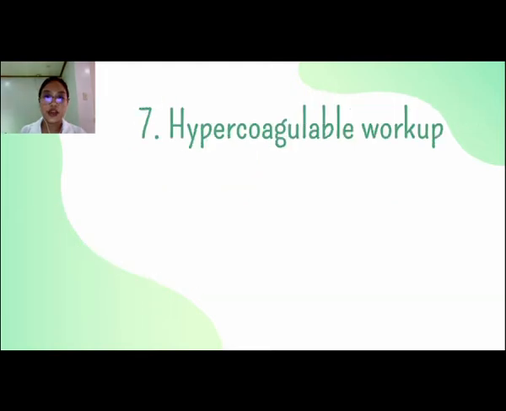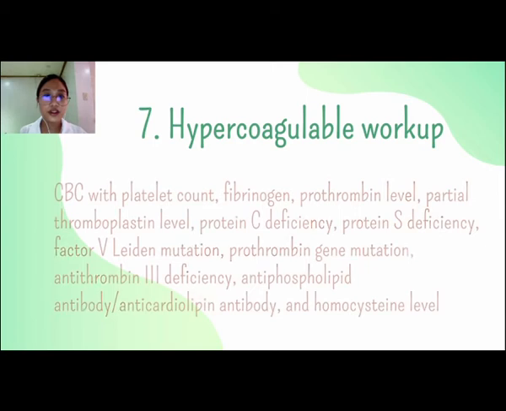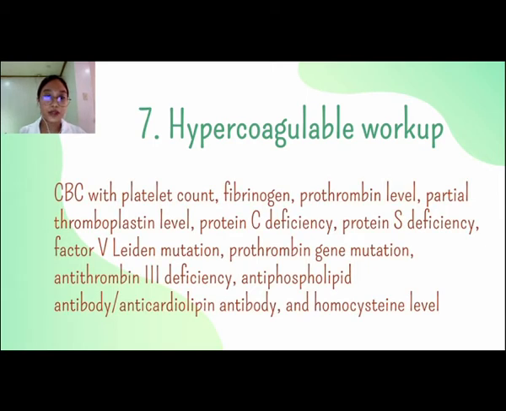Next, we have the hypercoagulable workup. So these tests will include CBC with platelet count, fibrinogen, prothrombin level, partial thromboplastin level, protein C deficiency, protein S deficiency, factor V Leiden mutation, prothrombin gene mutation, then antithrombin III deficiency, and antiphospholipid antibody, anticardiolipin antibody, and homocysteine.